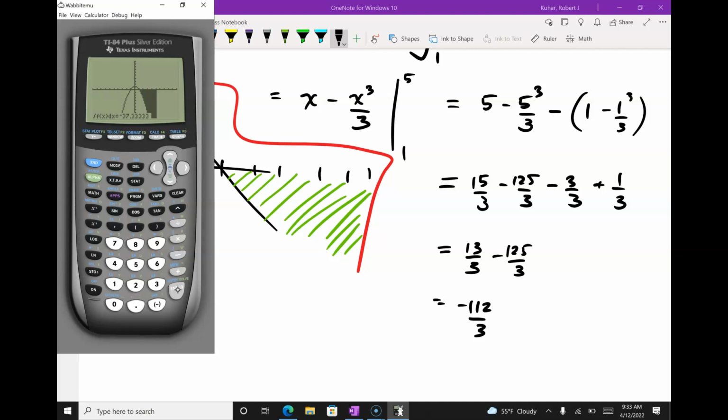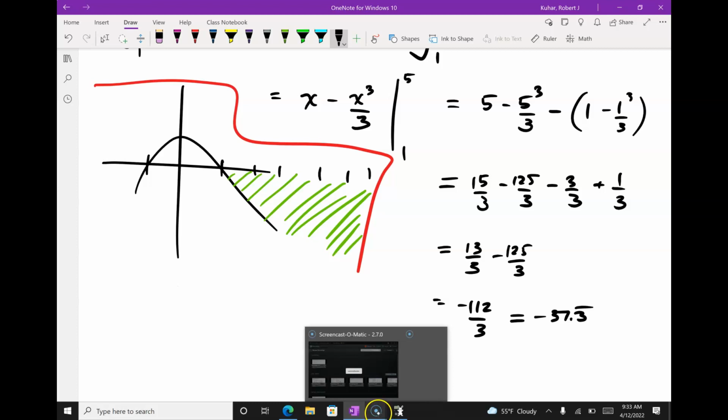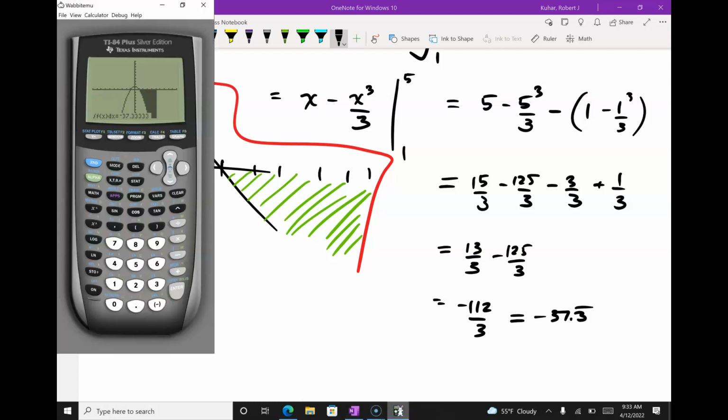So it looks like negative 37.3 repeating. And that is negative 112 over 3. Yep, on the calculator.